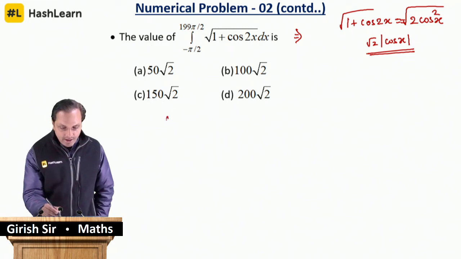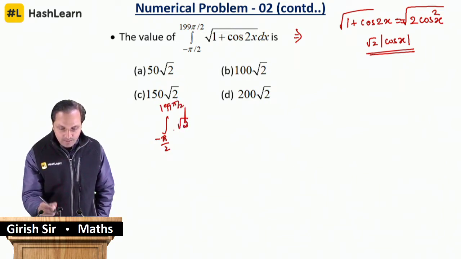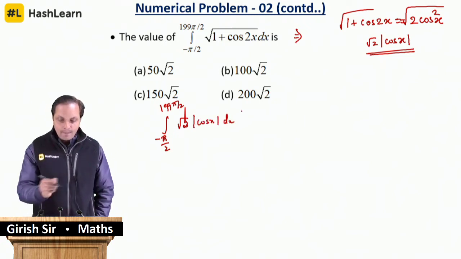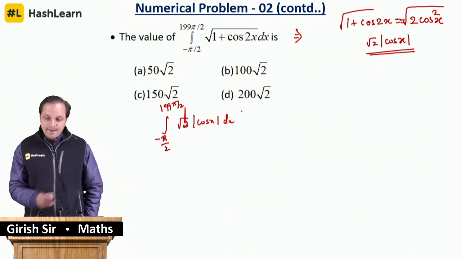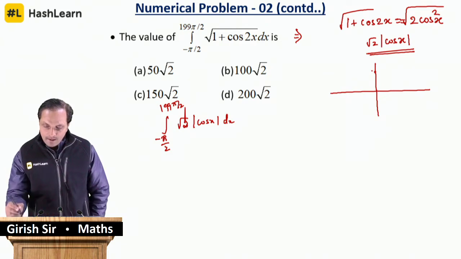So इसको integrate करना है minus pi by 2 से 199 pi by 2 तक, ये है root 2 and mod of cos x, इसको integrate करना है हमें. Okay, so let me take cos 90 is 0.